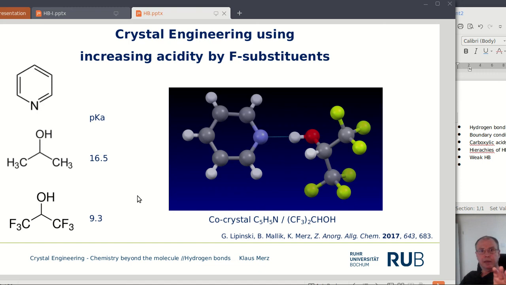So once again, you can use fluorine substituents in crystal engineering to increase the controlled acidity of a desired hydrogen, which could be used in crystal engineering tasks, projects. Well, that's it for the topic hydrogen bond.